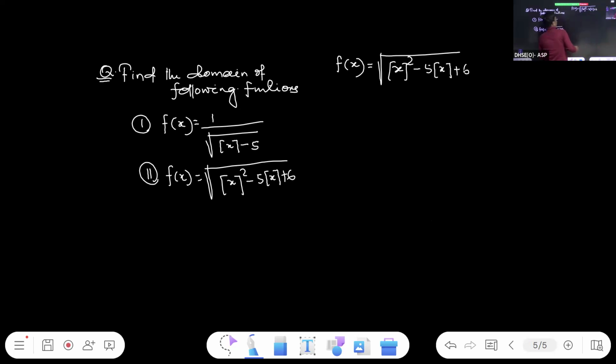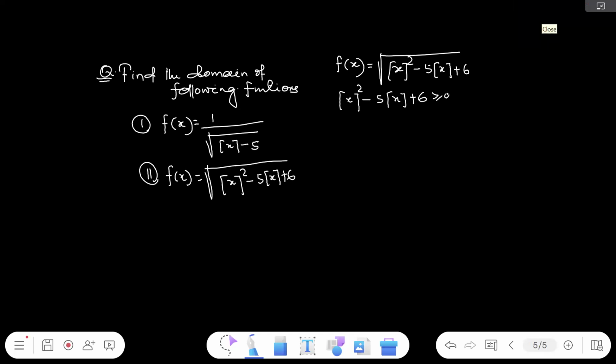This is the question. For the function to be defined, the under root expression should be greater or equal to 0. Here the under root expression is bracket x square minus 5 bracket x plus 6 greater or equal to 0.